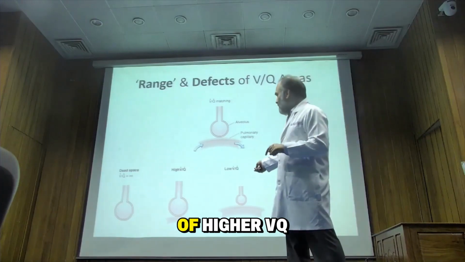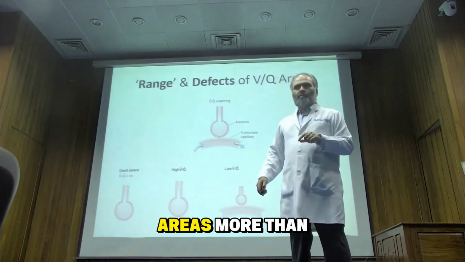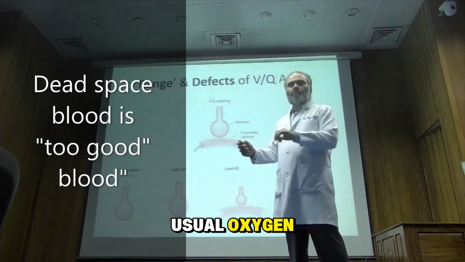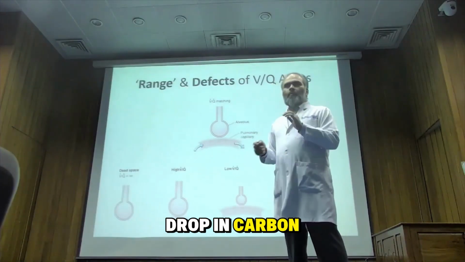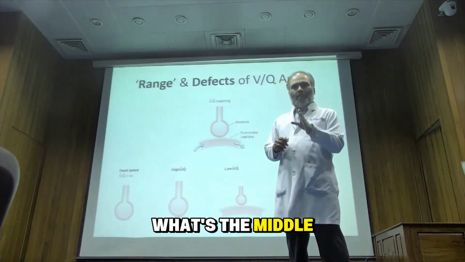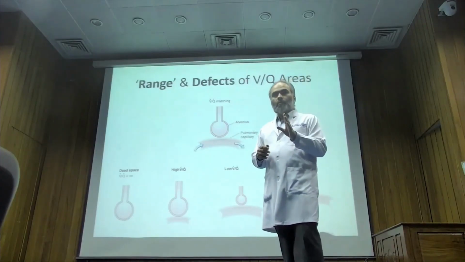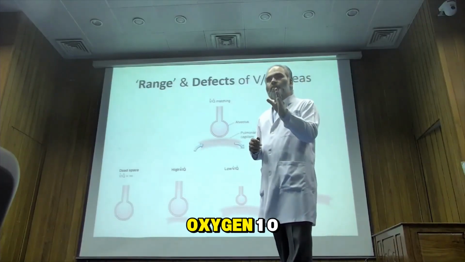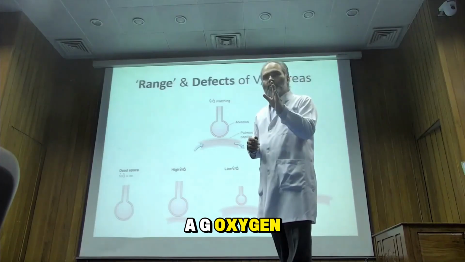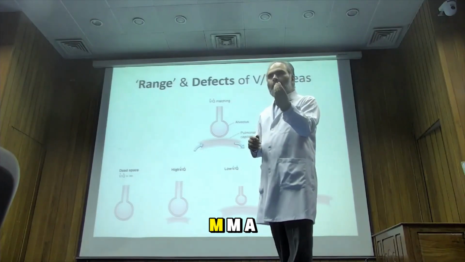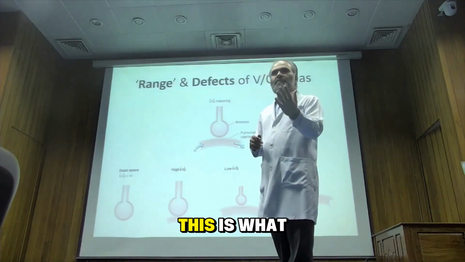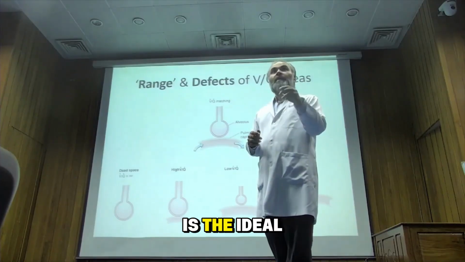Blood coming out of higher VQ areas has more than usual oxygen, more than usual drop in carbon dioxide. What's the middle? The middle is you should have 104 mmHg oxygen, and 40 mmHg carbon dioxide. This is what is the ideal.